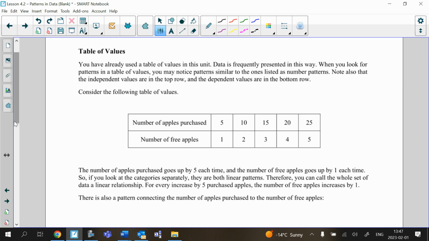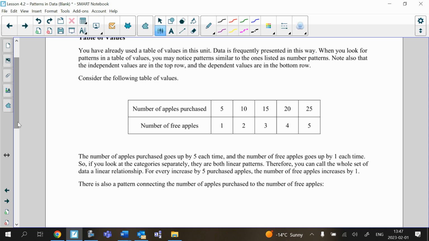Well, there's a couple of ways you can look at patterns here. So here we have, you purchase a certain number of apples, and depending on how many you purchase, you get free apples. So if you purchase 5, you get 1. If you purchase 10, you get 2. Purchase 15, you get 3. I want to know if this is linear. So how do we do this?